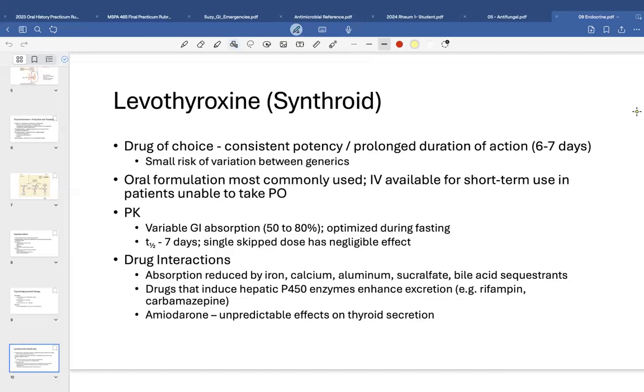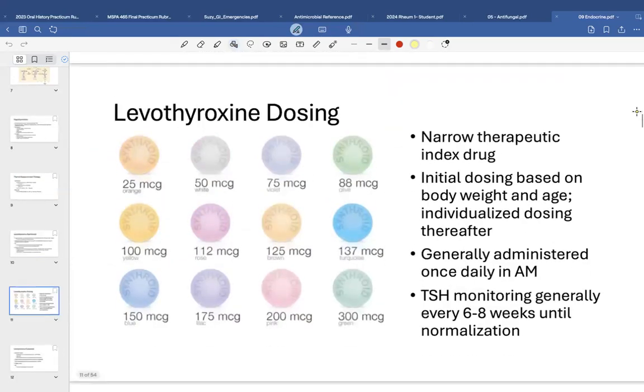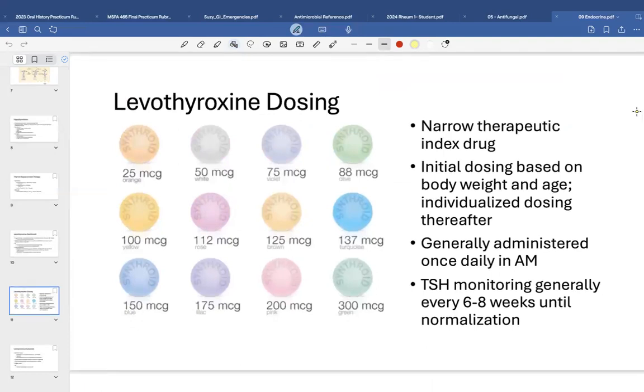So there is a wide range of doses for the oral levothyroxine tablets. The branded items look pretty much just like this. And the generics are going to come as pills in their own shapes, but will follow the same color scheme.